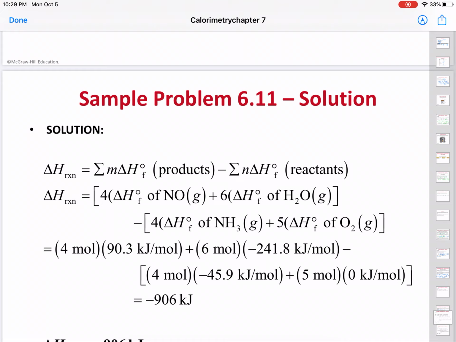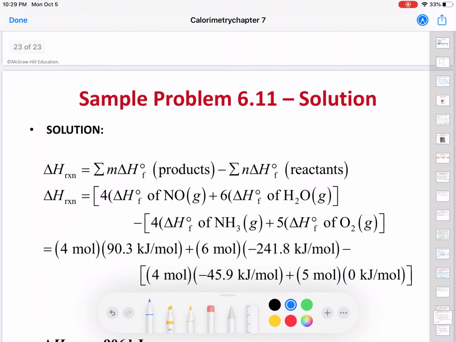There are 4 nitrogen monoxide molecules, so 4 moles times the delta H value for nitrogen monoxide, and for the water, 6 water molecules, so 6 moles times the delta H value for the water. Subtract the reactants' enthalpy values: 4 moles ammonia, and 5 moles times the delta H value for the oxygen.